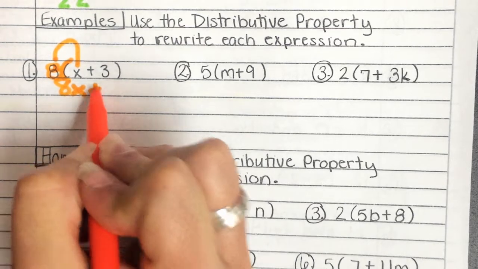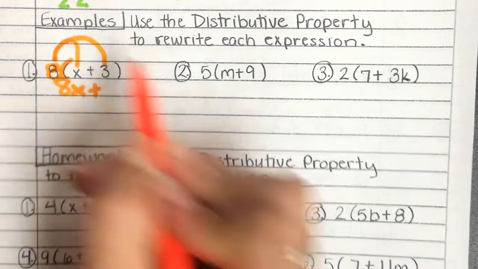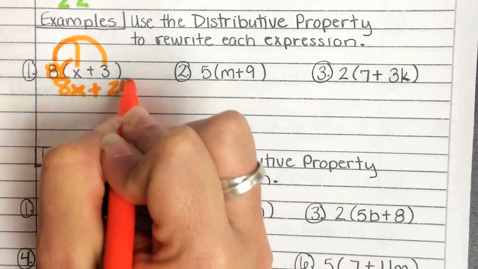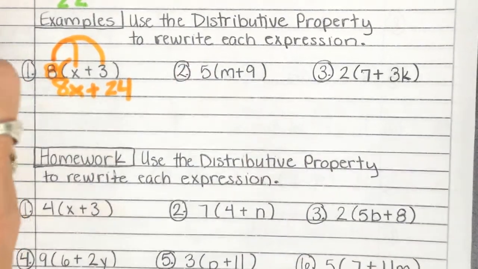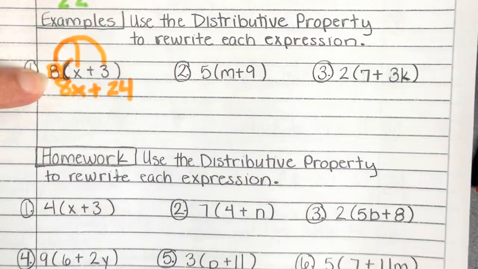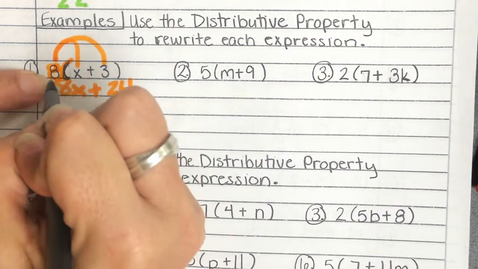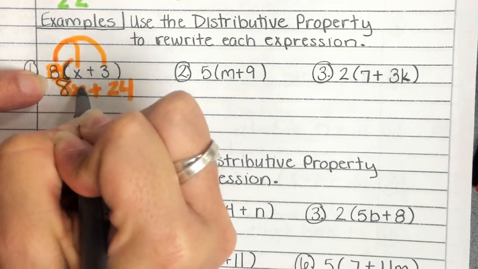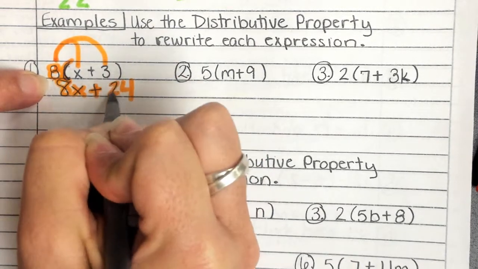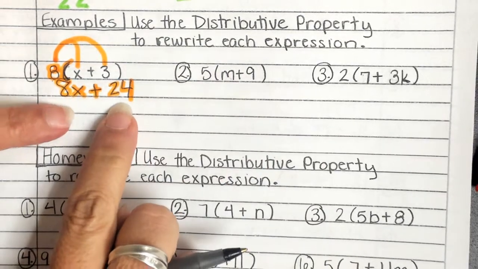Bring down the plus, but listen, 8 times 3, 24. Make sure you're doing the times part of it. That 8 up against that parenthesis means multiply. So 8 times x is 8x plus 8 times 3 is 24.